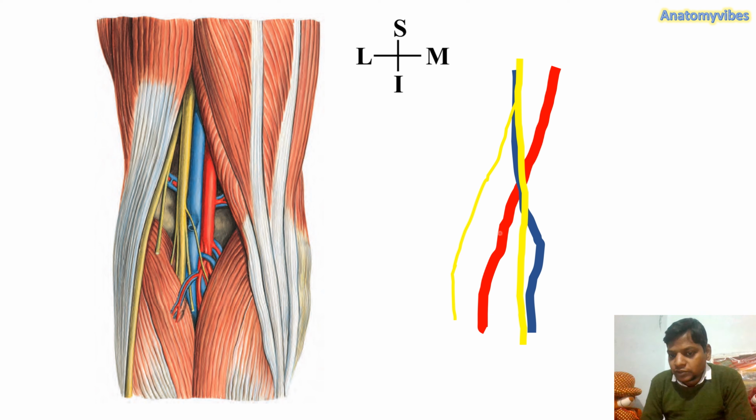But when we go down, the artery goes lateral and the vein goes medial. In the femoral triangle, you have discussed that the femoral vein is medial and the femoral artery is lateral. But in the adductor canal, the femoral vein goes lateral.